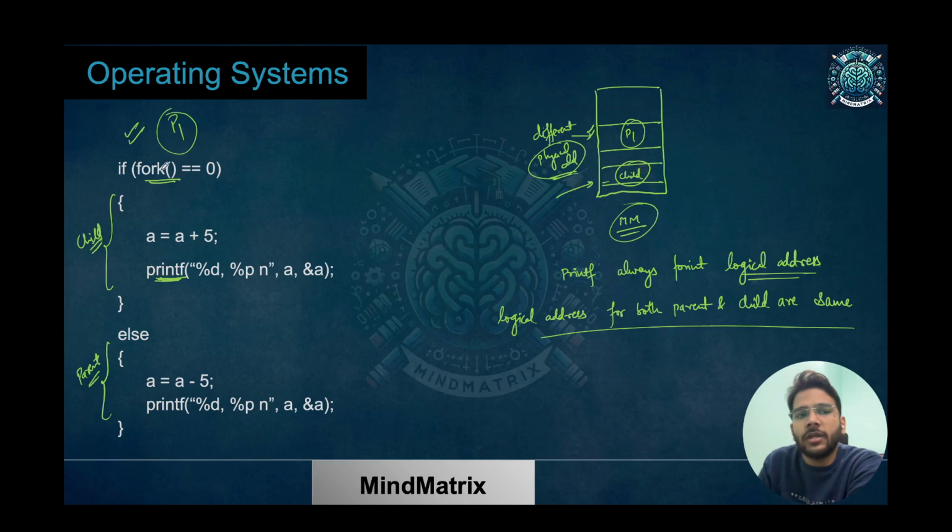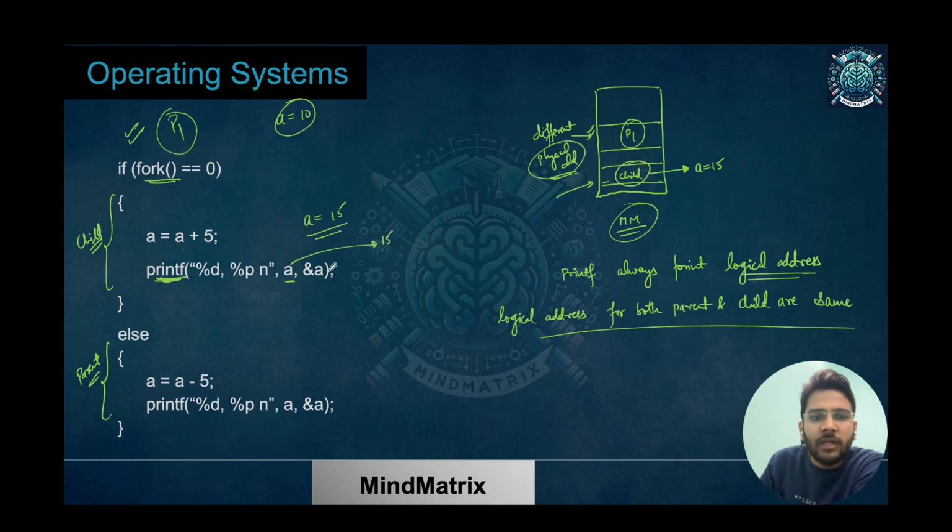Because fork is going to return 0 for the child and a non-zero value for the parent. So let's say a value is equal to 10. In that case, the child will be getting a equal to 10 plus 5, that is 15. So here in the main memory for the child, the value of a is 15. Now printf will be printing the value of a. So it is going to print 15 here.